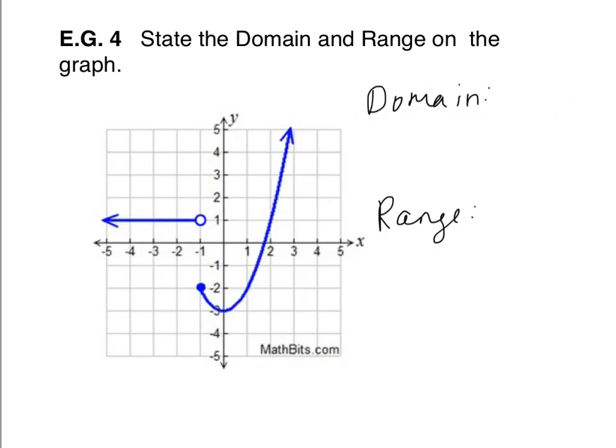Here's the last example I'll put up on the video, but if you could pause the video and maybe try this on your own first and then check to see how well you did. So we'll start with the domain again. It's going to have two pieces, two intervals with a union in between, and I'm going left to right for my x's. I'm observing this piece of the graph here, which has an arrow, which means it's going on forever and ever.